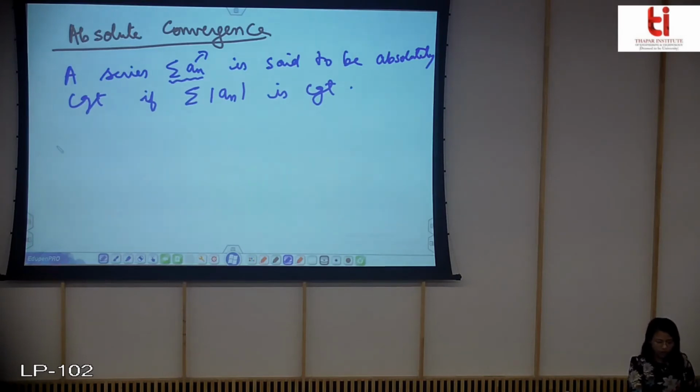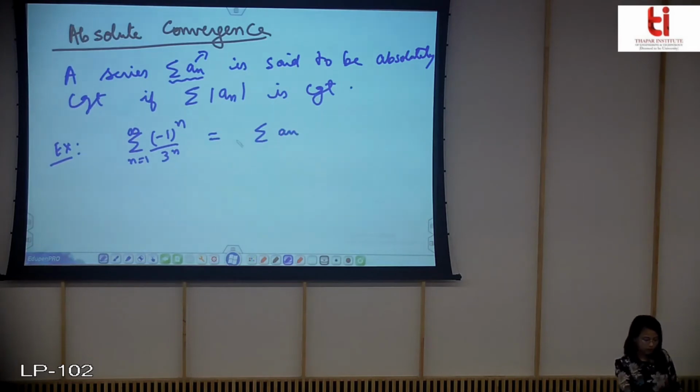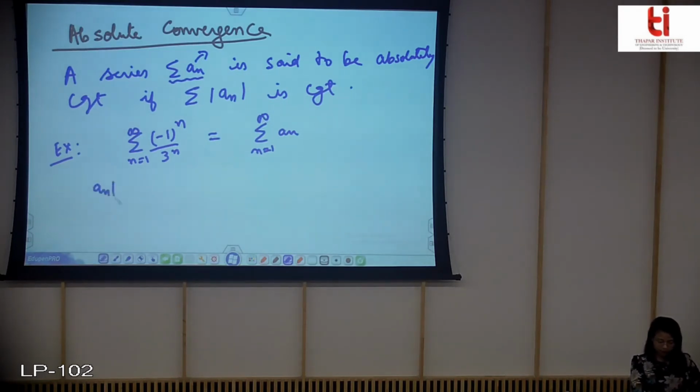For example, if I have this, now this is my alternating series. So if I find the mod of this, what will I get?